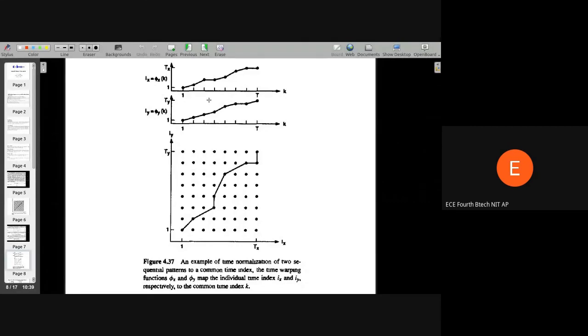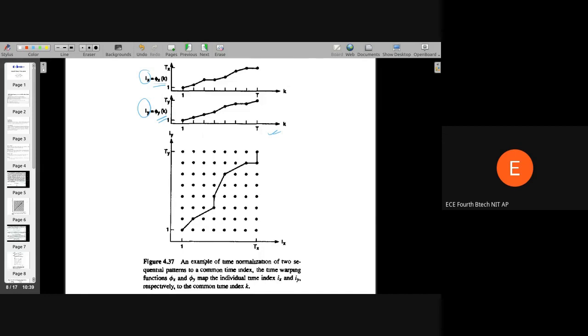So here is an example. You have already fixed that we'll compare T points. One sequence is of length Tx, another is of length Ty. This is the mathematical formulation. But we'll find T points which we can match. Those individual points, Ix and Iy, are given by these functions.